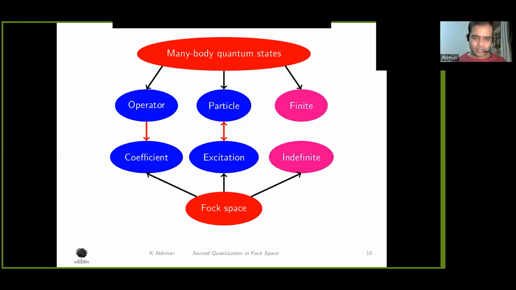So when we go to the second quantized Fock space, these operators correspond to the coefficients of the creation and annihilation operators, and they represent excitations in a Fock space of a bosonic field.